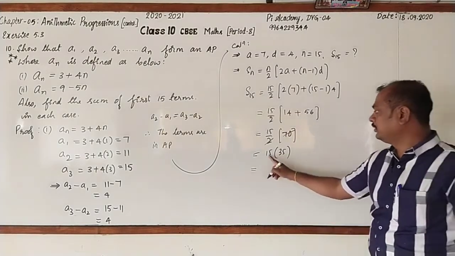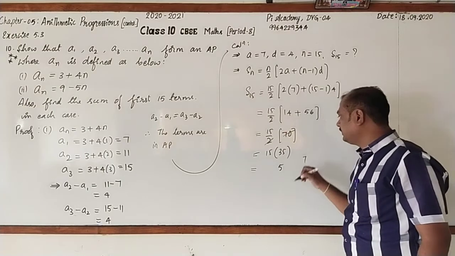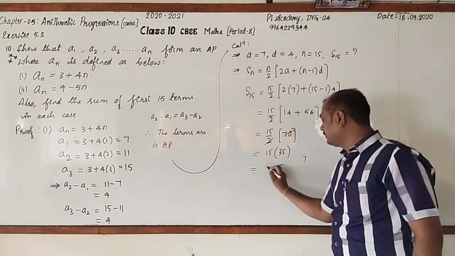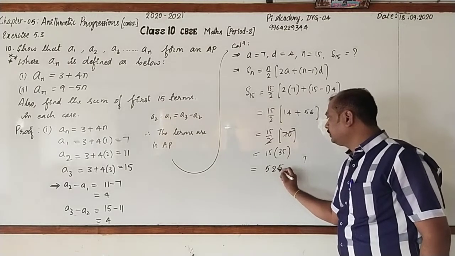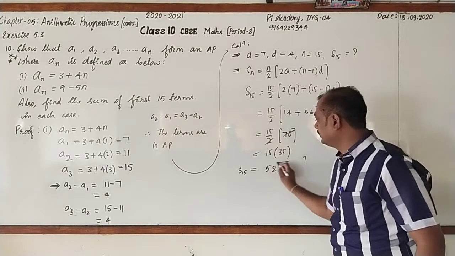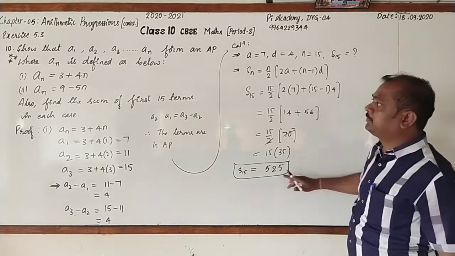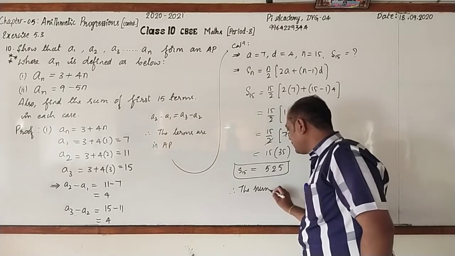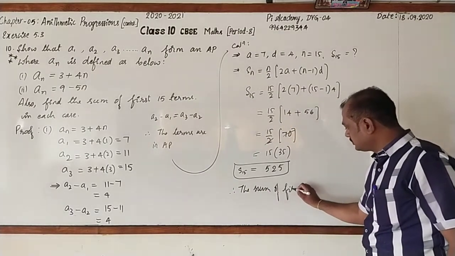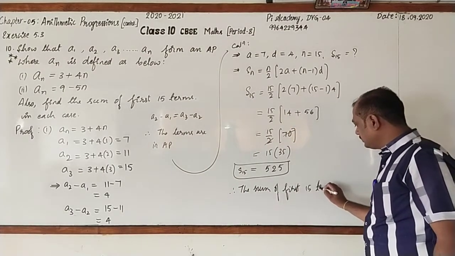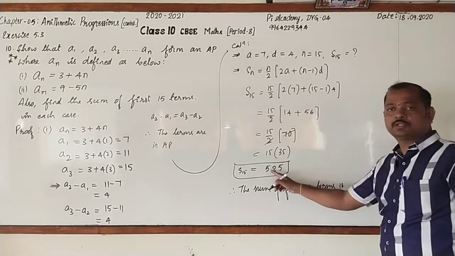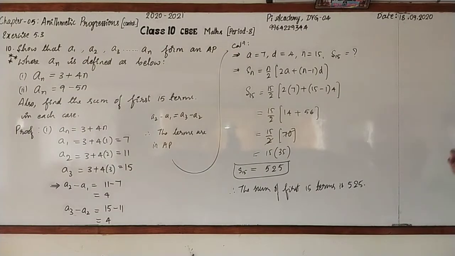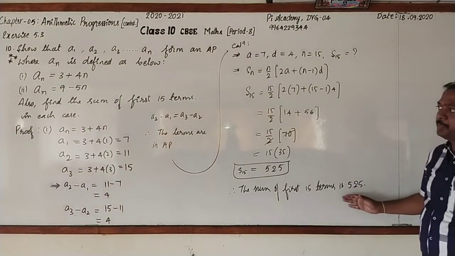Multiply these two. 15 5s are 75. 7 is the carry. 15 3s are 45 plus 7, 52. So, in the first problem, we can say that the sum of first 15 terms is how much? 525. Got it?